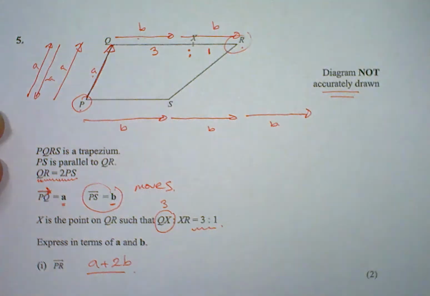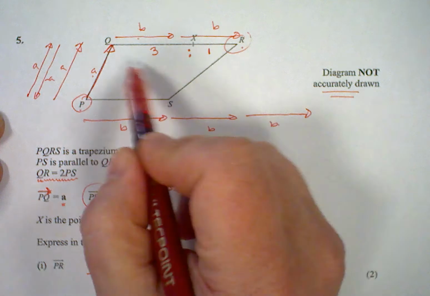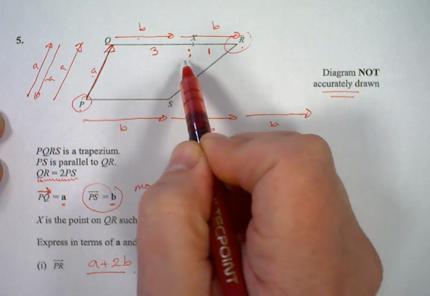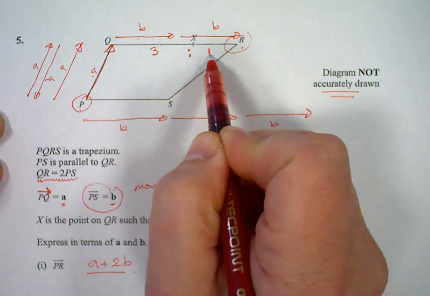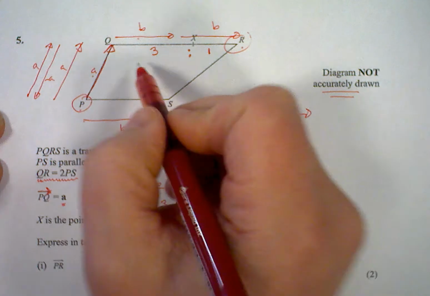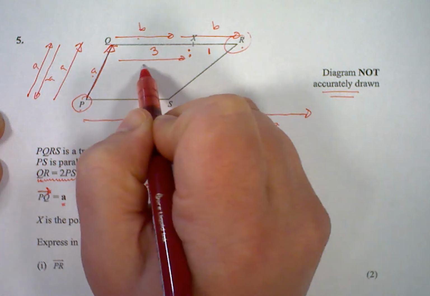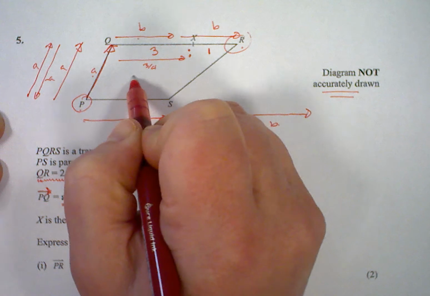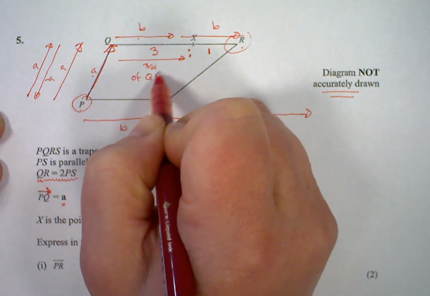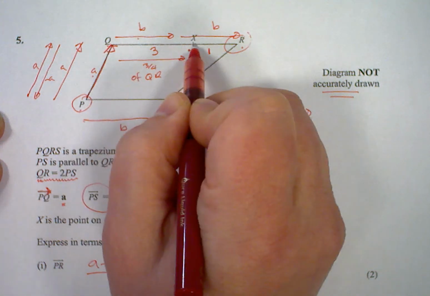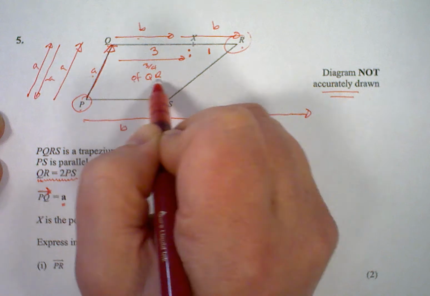When you do it like that, instead of doing your normal reaction, which is just thinking that this is going to be a third or something, we can see that there are 4 parts here, and out of the 4 parts, 3 of them are here. So this is actually 3/4 of QR. Going from Q to X is 3/4 of going Q to R.